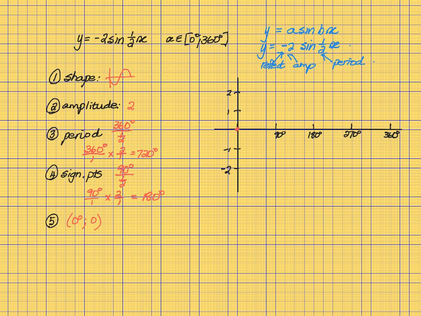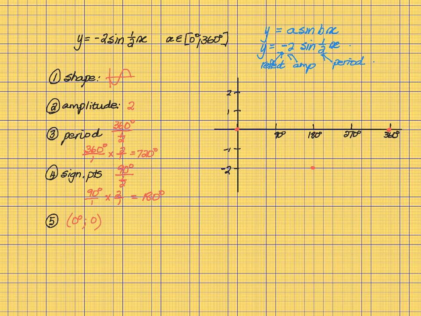The shape tells me it's inverted, so I'm going down, and the first significant point is 180 degrees later. So it's going to be at 180 minus 2, and then at 360 degrees and 0. In other words, I've just got this half of the graph over there, and we know that in 360 degrees we'll only get half of the graph.